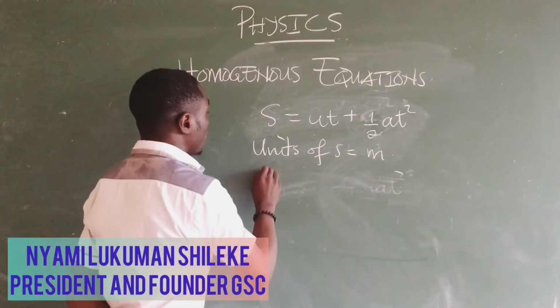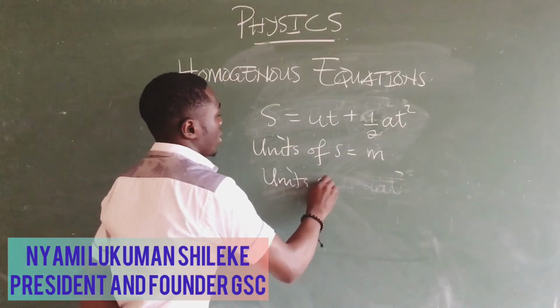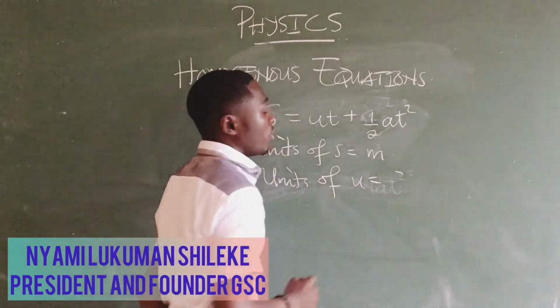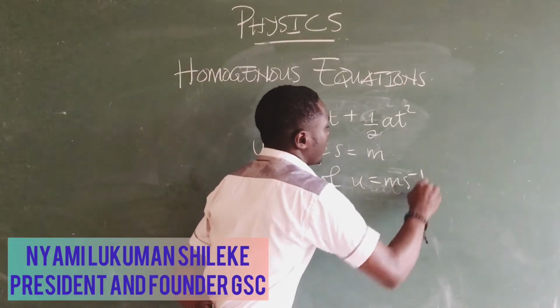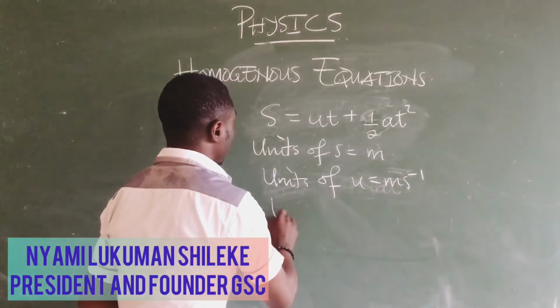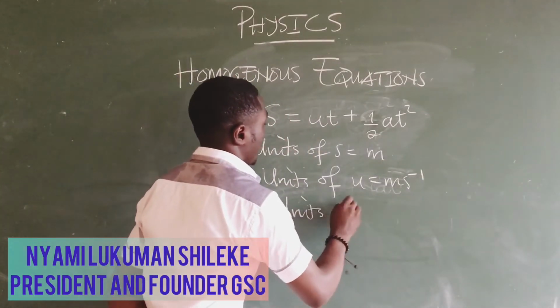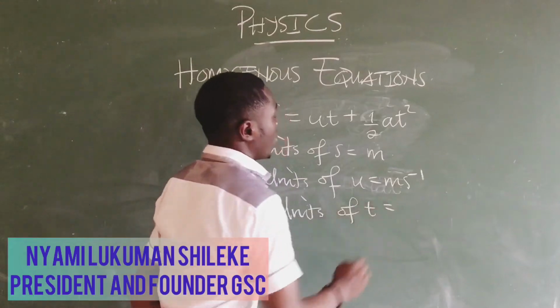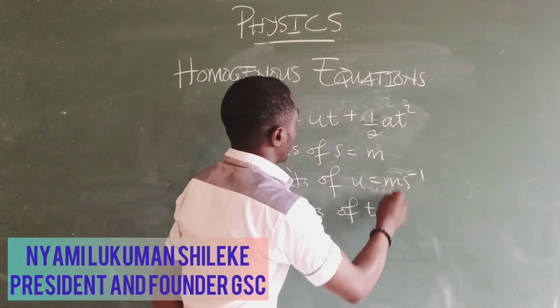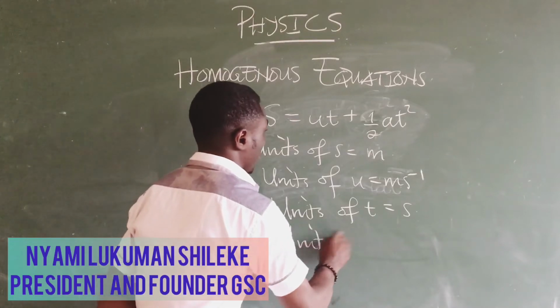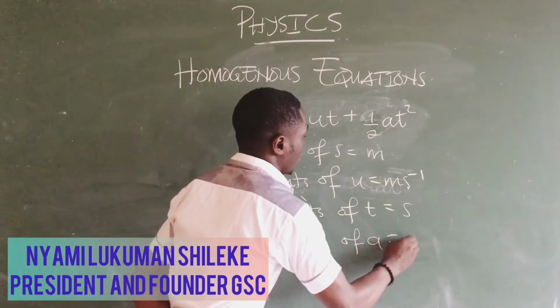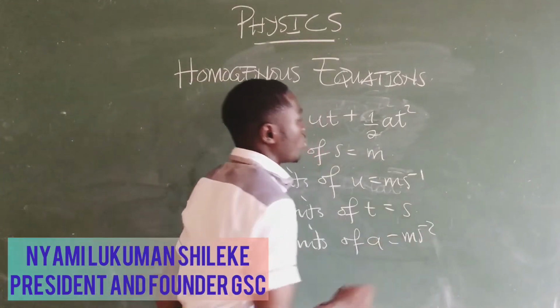Units of u, which is initial speed, is meters per second. Units of t is the second. And the units of acceleration is meters per second squared.